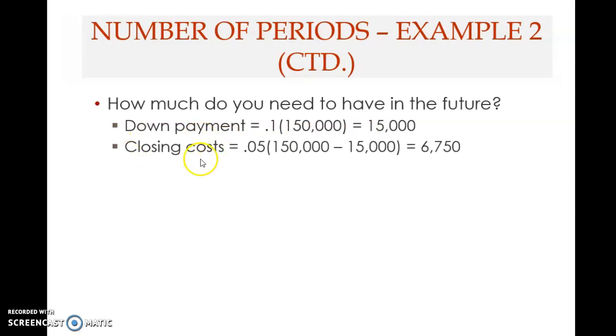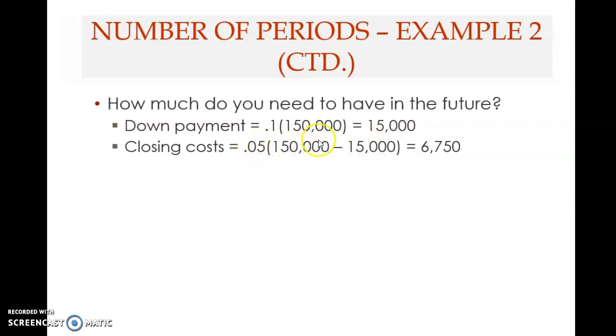Okay, and the closing cost is 5% of the loan amount. Loan amount: if you pay a down payment of 15,000, because the house is 150,000, this is what you pay. So the remainder must be your loan. From the loan, 5% is charged as closing cost.